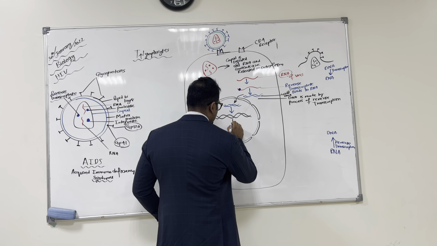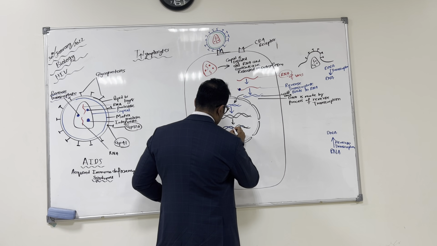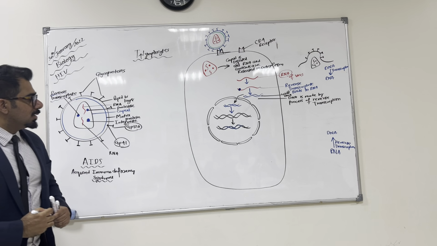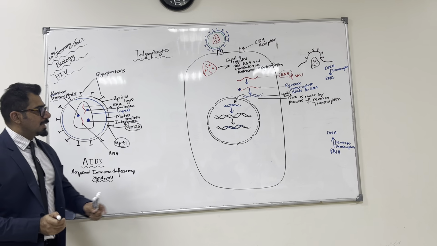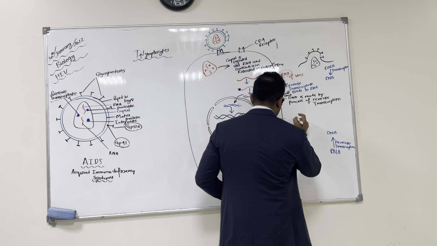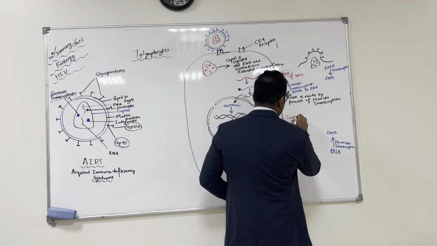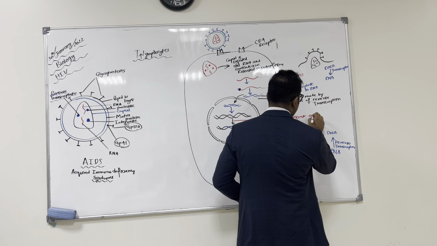So I can draw the diagram like this, and I can show, right? So you guys can see the difference in color over here, right? So I can mention over here that integrase enzyme adds viral DNA into host DNA.